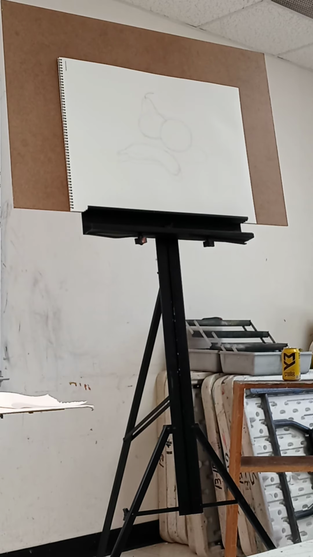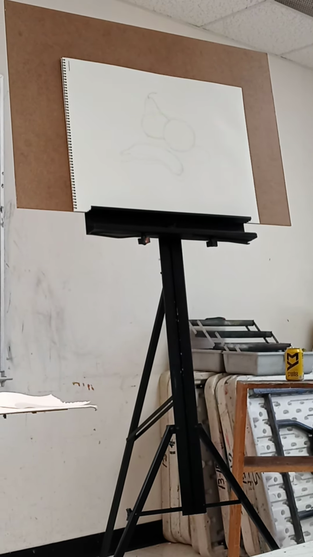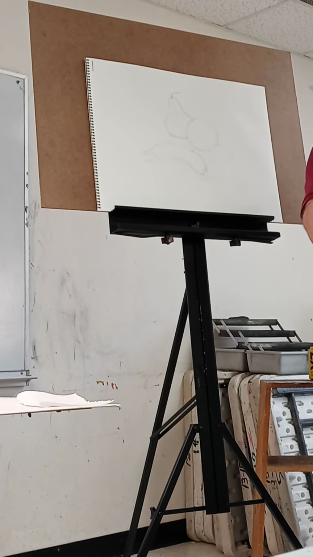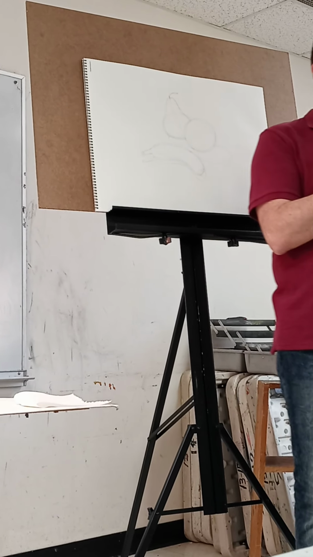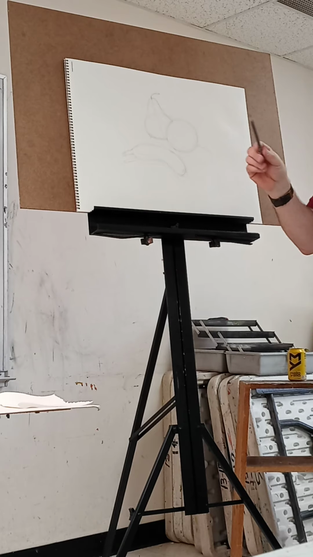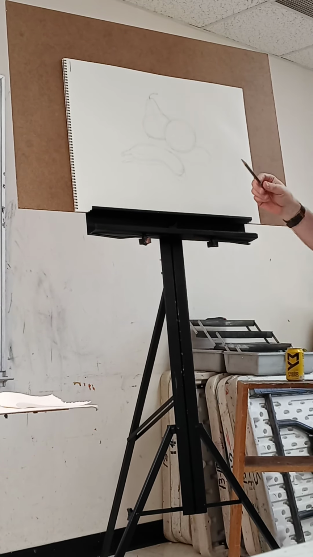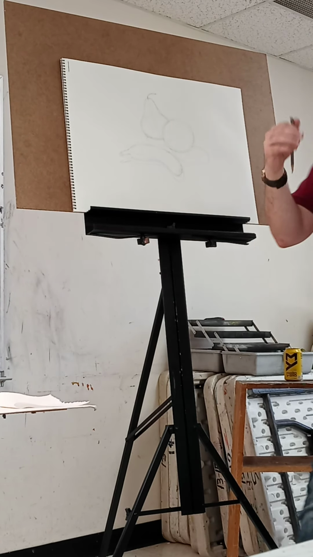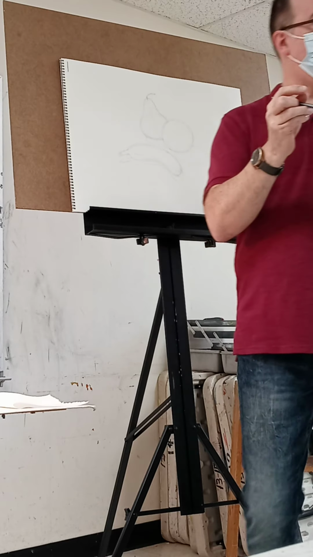Okay, so phase 2 now. This is where you can go in two different directions. You can start laying in tone and get to it really fast. Or you can do what's called a contour drawing.